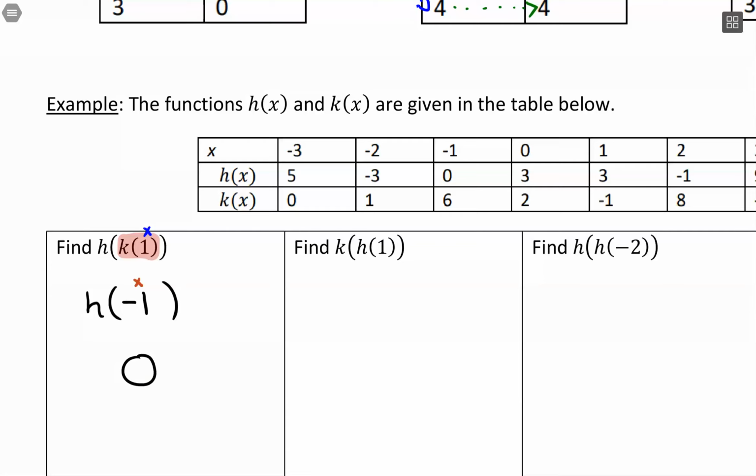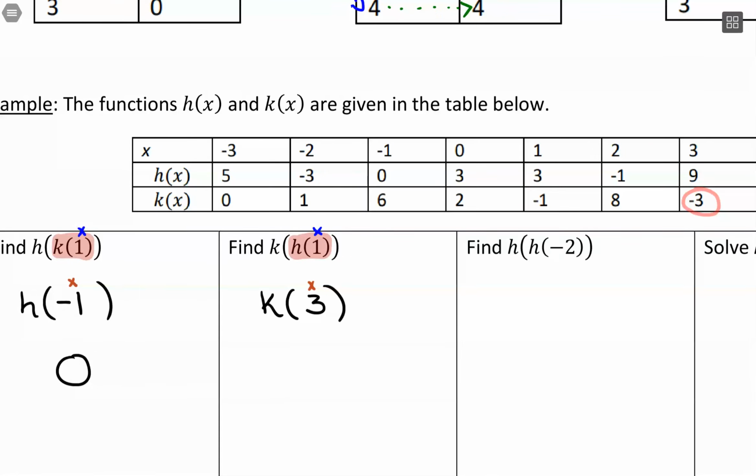All right. h of k of positive 1, we want to replace that. So we're looking at x equals positive 1. What is h doing? So x is positive 1, h is positive 3. So we're looking at k of positive 3. And with that, we're looking at x equals positive 3. And where is k? k is at negative 3.